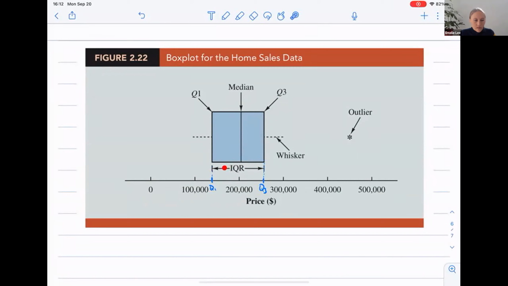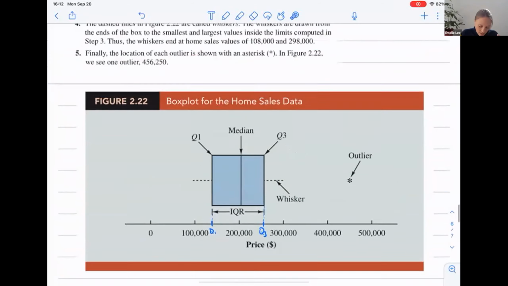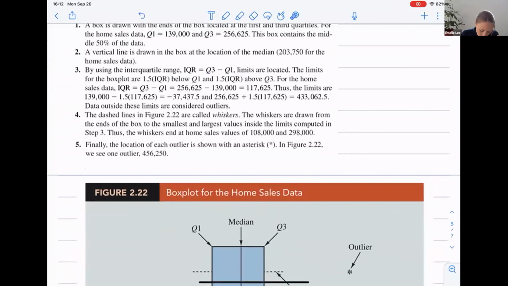And then we have what we call the whiskers. The whiskers are going to be how we determine if we have outliers. The whiskers are drawn from the ends of the box to the smallest and largest values inside the limits computed in step 3, which I'll summarize here.